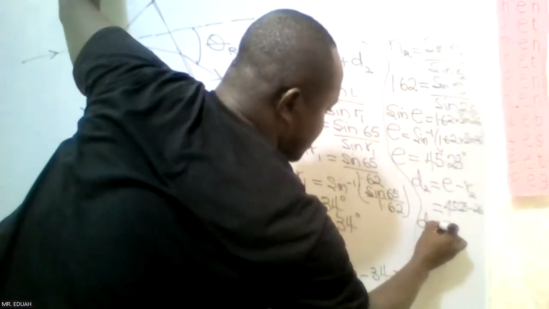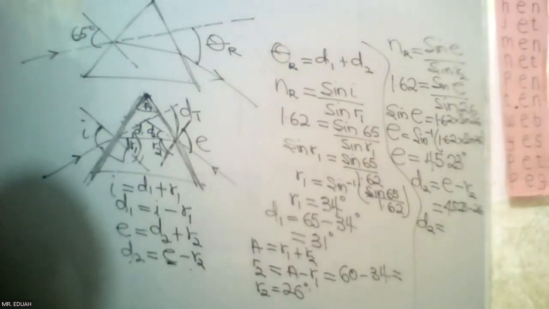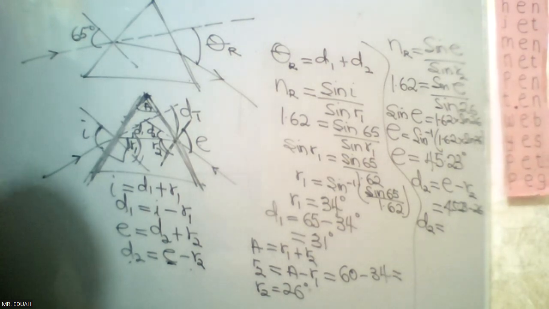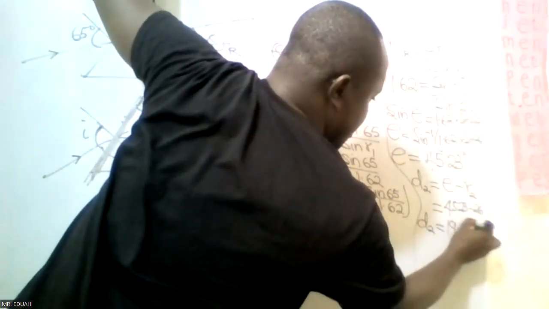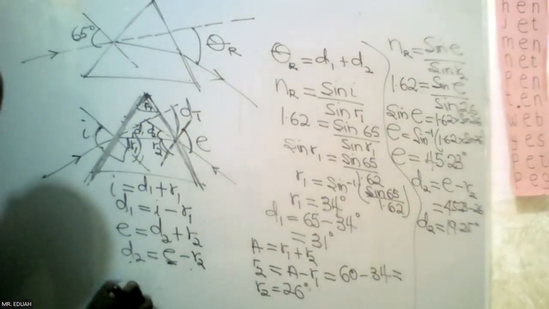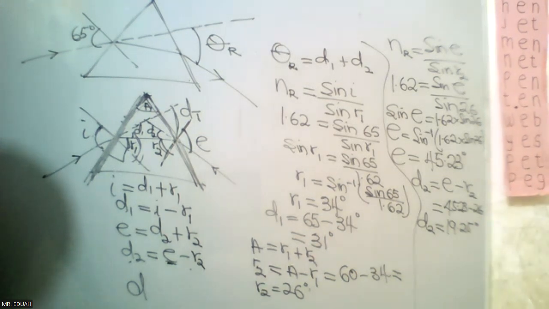So what's D2? I had 19.25. Okay, I had 19.23. So around the same figure.